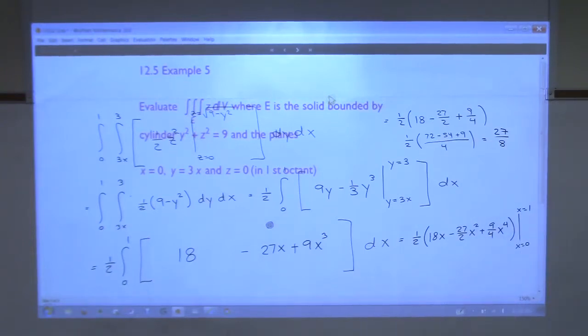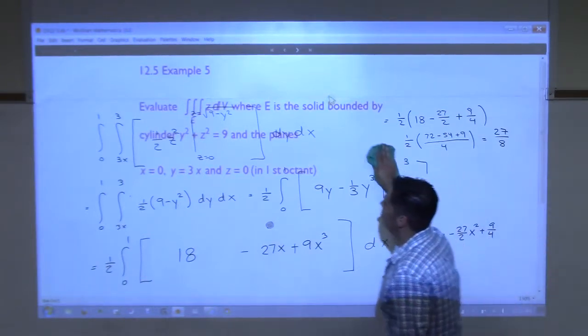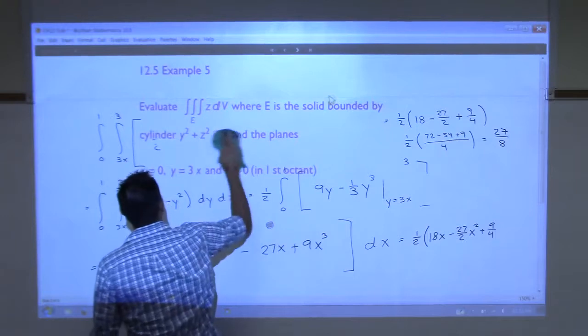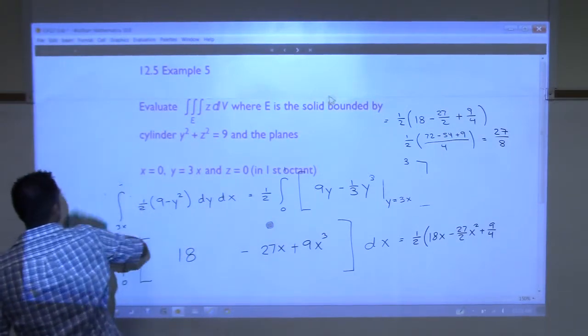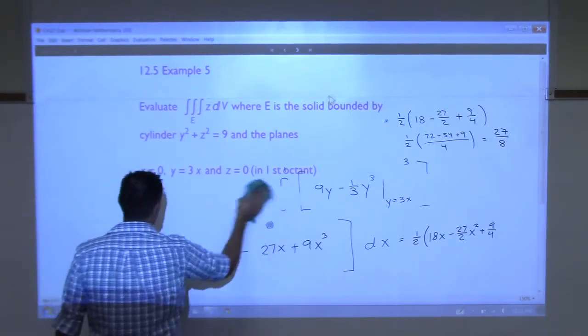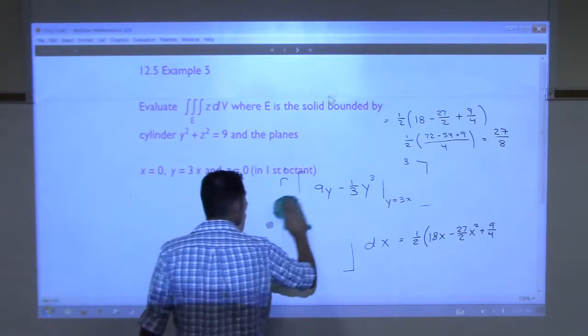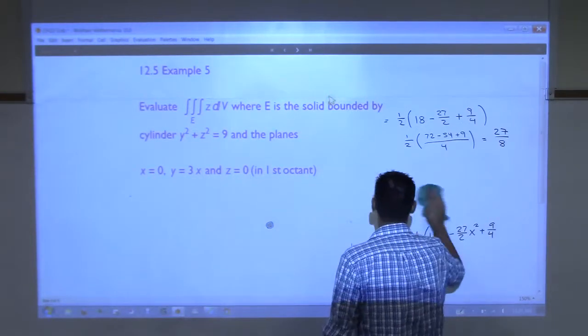Good? I mean, all the hard work's done already. All right, that would be the triple integral of z dv. What does 27 over 8 mean? Who knows? It depends on what it is we're integrating, right? This could be a lot of different things, depending on the context of the problem, which we have not talked about in the applications yet.